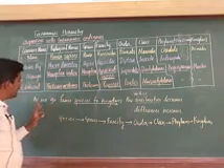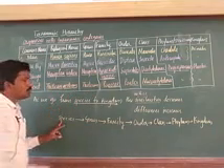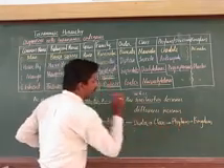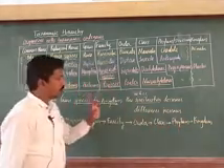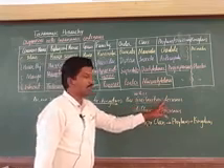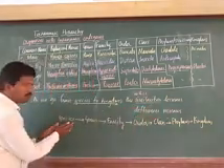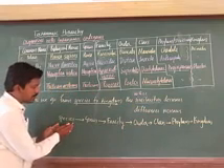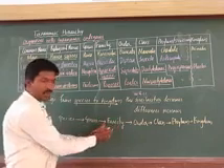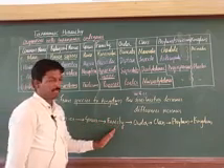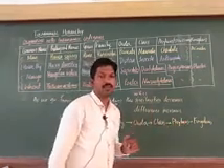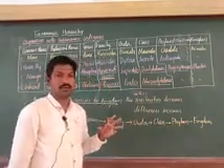Note it, as we go from species to kingdom, what happens here? The similarities are decreasing. Here similarities are more. Species, genus becomes less. When you come to the family, it becomes less. And when you go to the kingdom, entirely different. We cannot match.